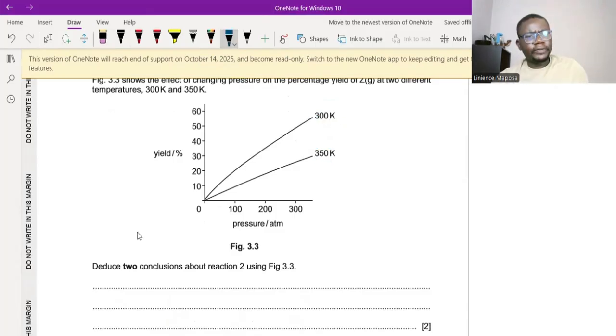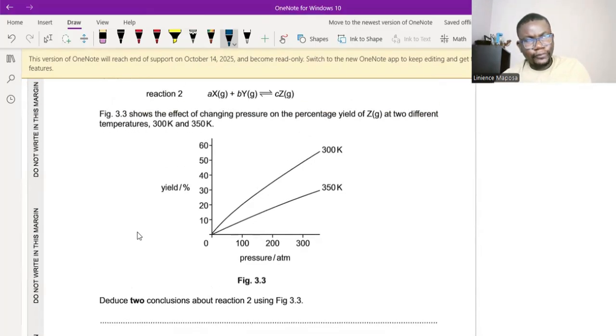So what is that kind of reaction? When we reduce the temperature, we favor the forward reaction that produces Z. So the forward reaction must be exothermic, such that when we reduce the temperature, that reaction is favored.